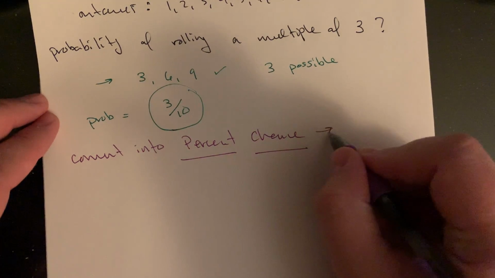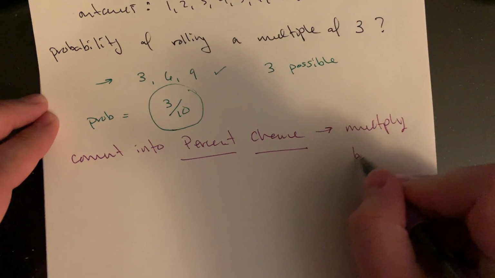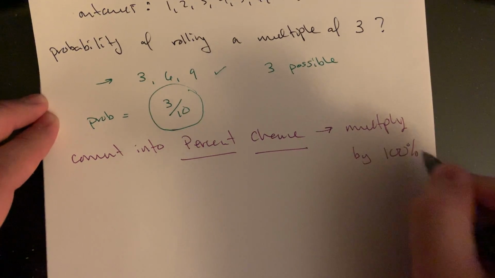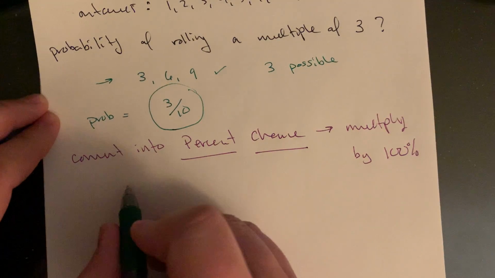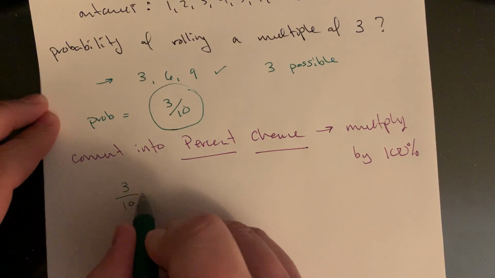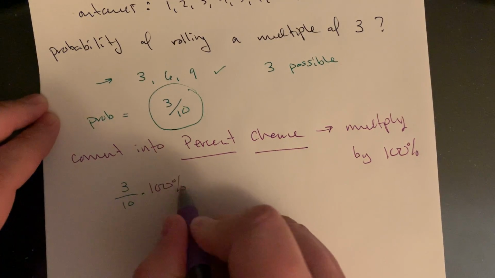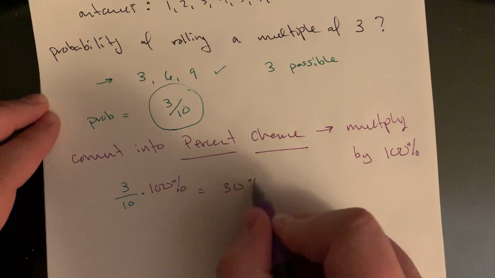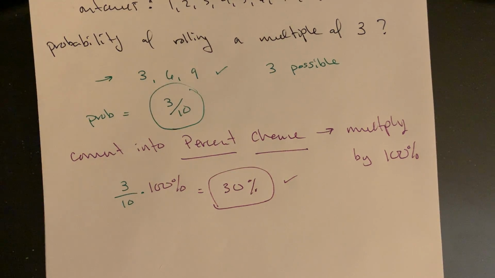So to do that, we just multiply by 100%, right? And for us, this is an extremely fast and easy conversion. 3 out of 10, I'm sure you're yelling at the screen saying, I don't need to see this. I know it's 30%, right? 3 out of 10 is clearly 30%. So that would be our 30% chance.